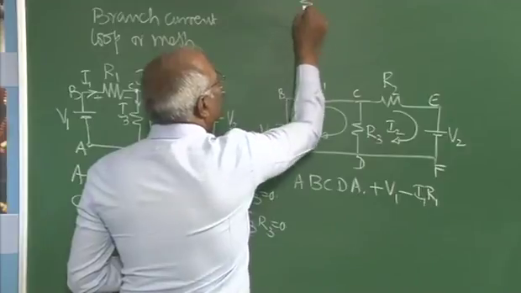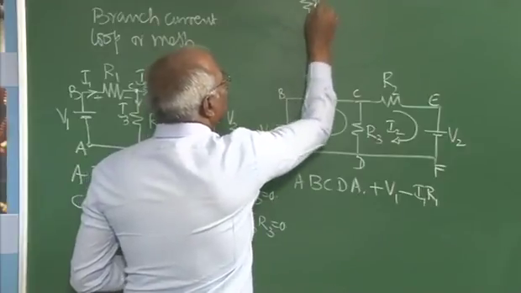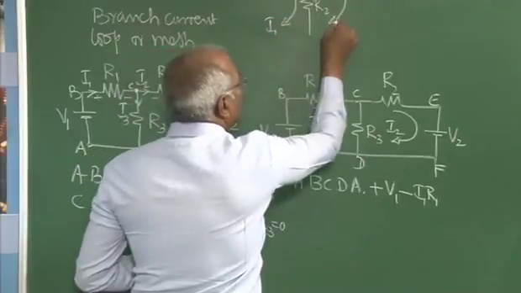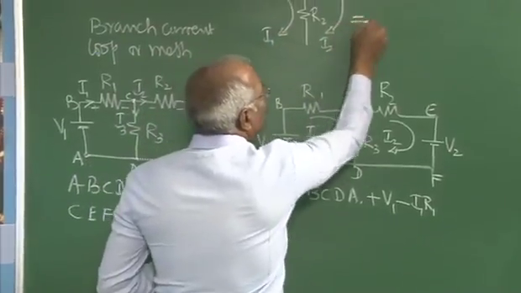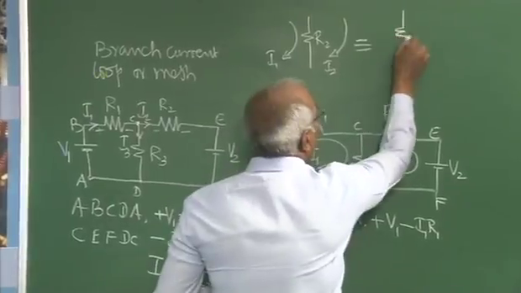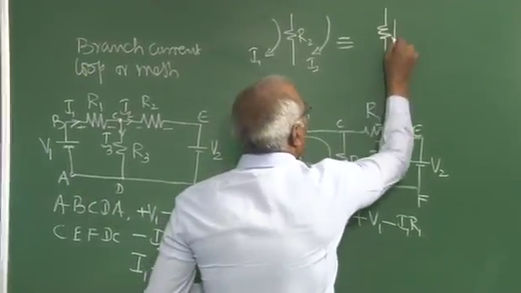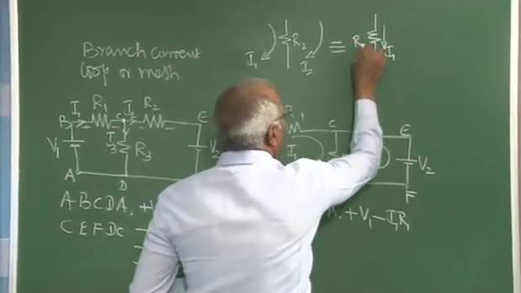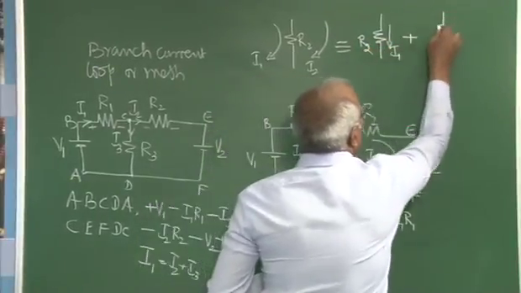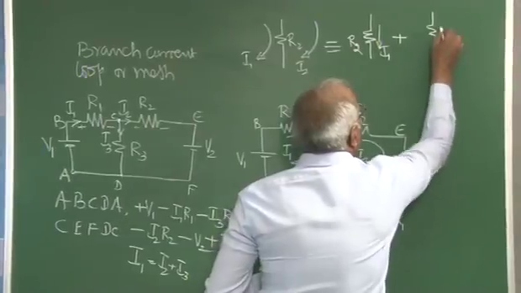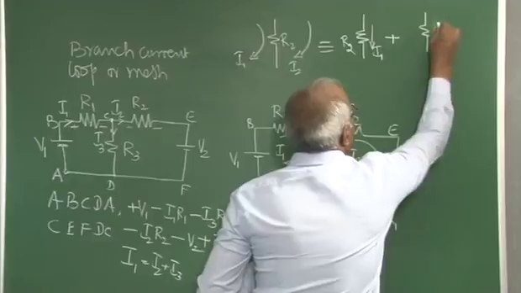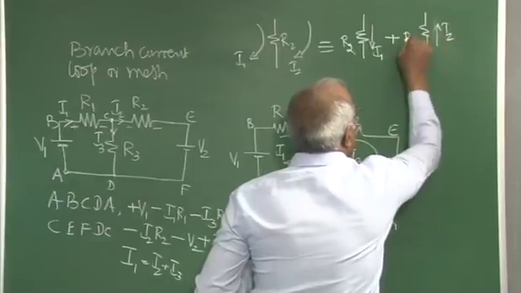And that can be shown to be something like this. This being R2, this is I1 and this is I2. This can be analyzed to be equivalent to this. We have I1 here, this being R2, plus this will be I2, this is R2.